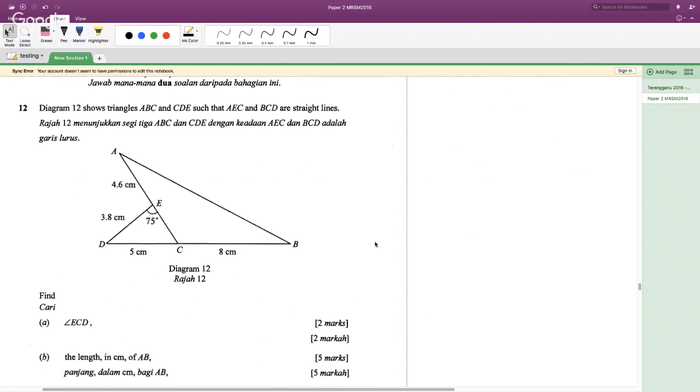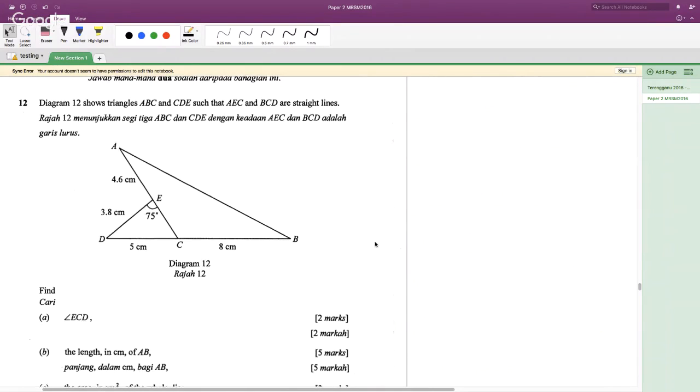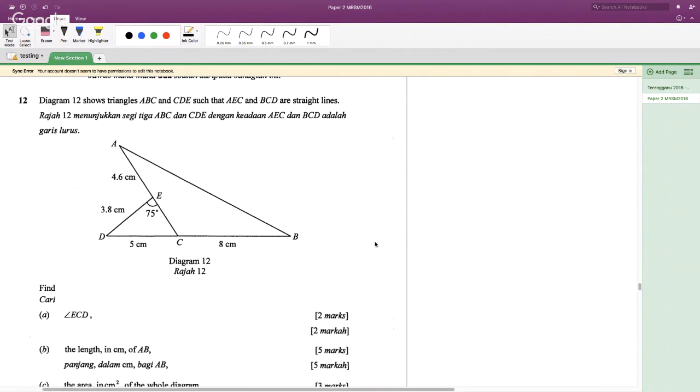The diagram shows the triangles ABC and CDE. They ask you to find the angle ECD. Let's see what we can do for this angle.